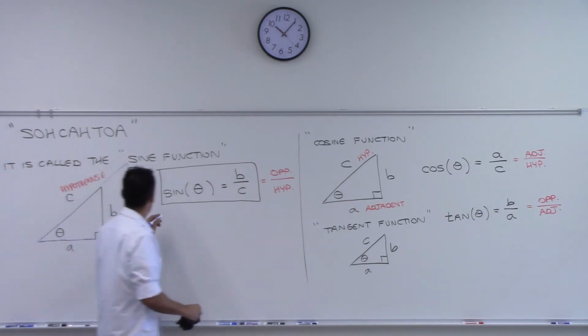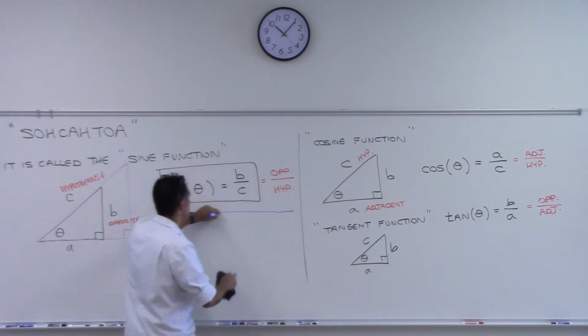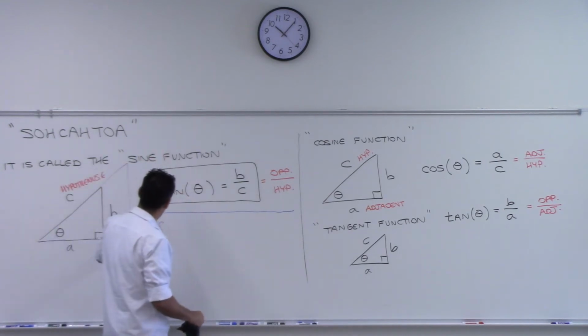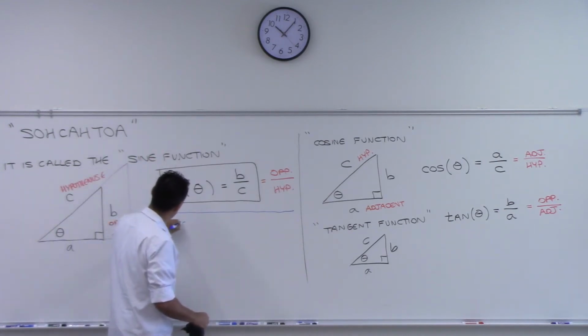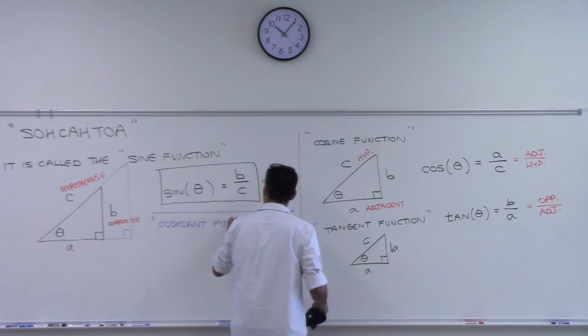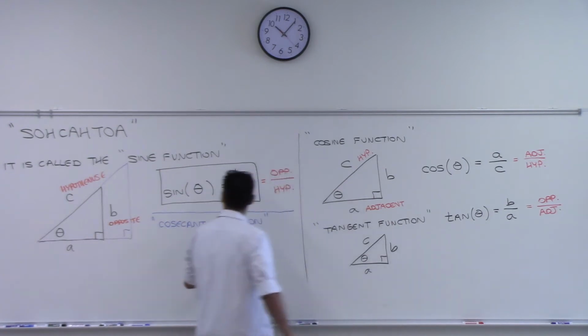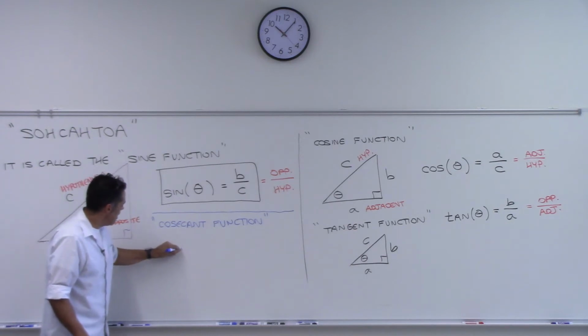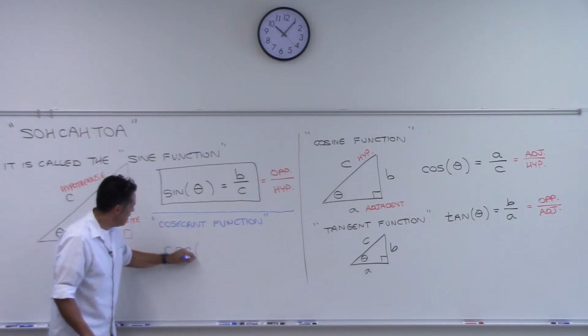Cosecant. Okay, so I'm going to put it right underneath these because they go kind of together. They're reciprocals. The cosecant function, that's the way we write it, cosecant. Look, I didn't make the names of these up, all right? So the cosecant function, what we do is we write csc theta.